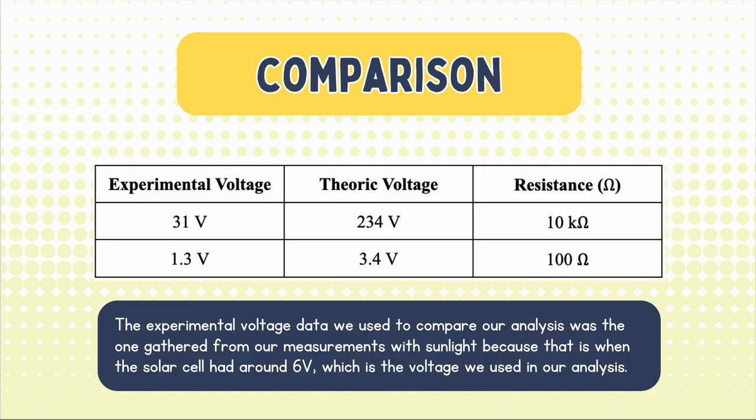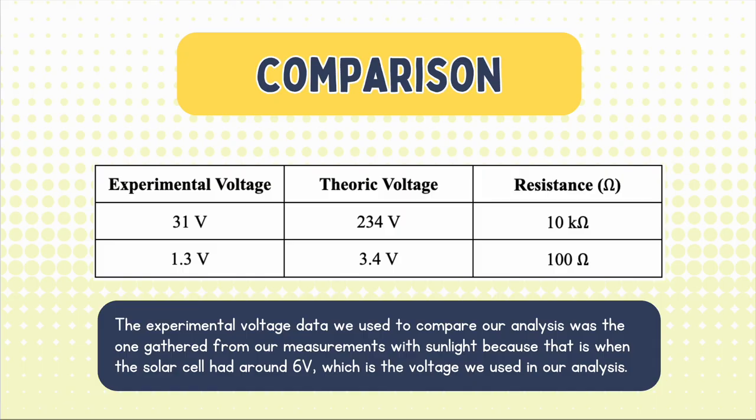So using the data that we got, we were able to calculate the theoretic voltage of the resistances, and we compared them to the experimental voltage that we had obtained during the measurements.